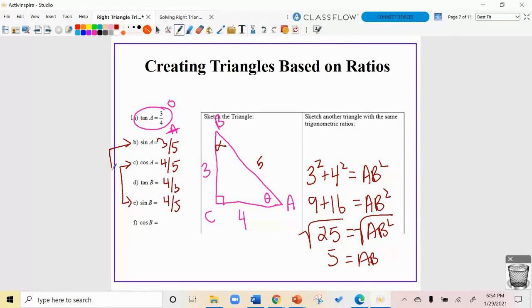The sine of A and the cosine of B are the same, 3/5. The tangents, the one I started with and the one I found here, are reciprocals. You can dilate it and give me another one. You can multiply this by 5 or 72 or whatever makes you smile.